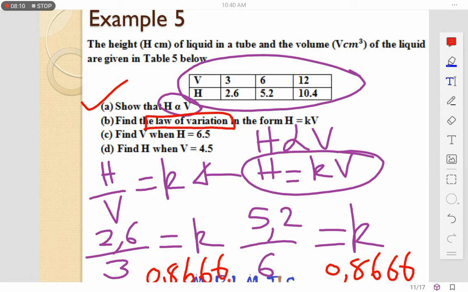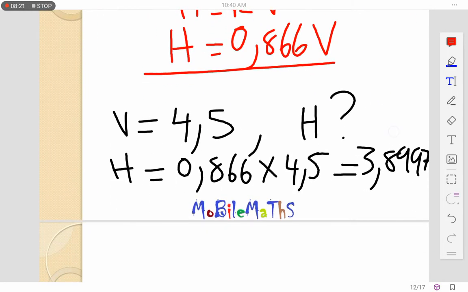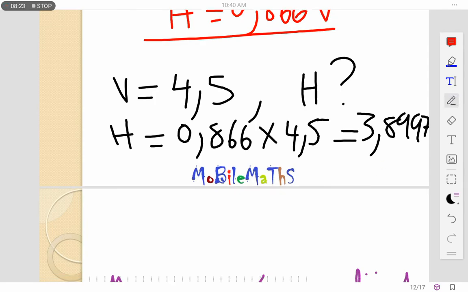Then the second part of the question is asking us to find the value of V when we are given H as 6,5. I've calculated the reverse of that: the first one I calculated H, and this one is V. So we simply go into our equation: 6,5 is equal to 0.866V.